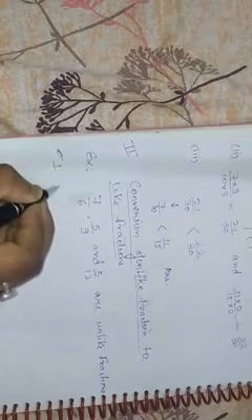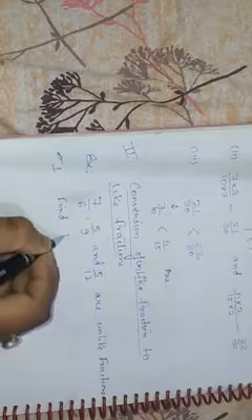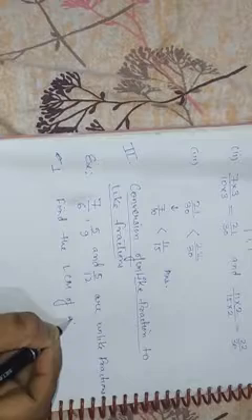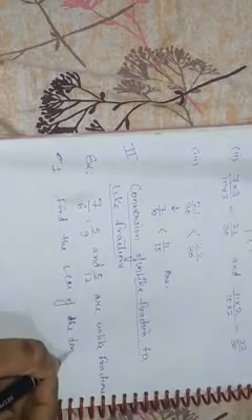In the first step, find the LCM of all the denominators of all given fractions, means LCM of 6, 9 and 12. Find the LCM. 2 3s are 6, 9 as it is, 2 6s are 12.